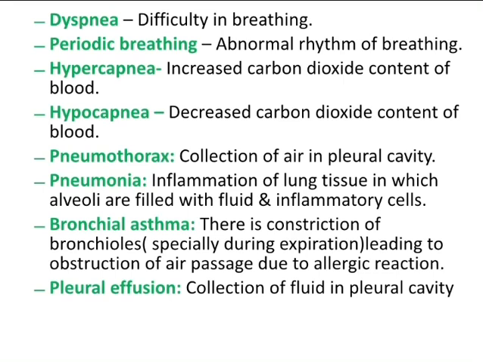Next is pneumonia. It means inflammation of lung tissue in which alveoli are filled with fluid and inflammatory cells. Next is bronchial asthma. Over here there is constriction of bronchioles. It leads to obstruction of air passage due to allergic reaction. Next is pleural effusion. It means collection of fluid in pleural cavity.